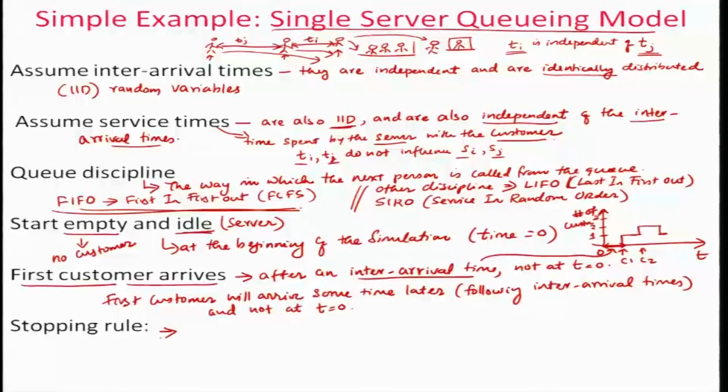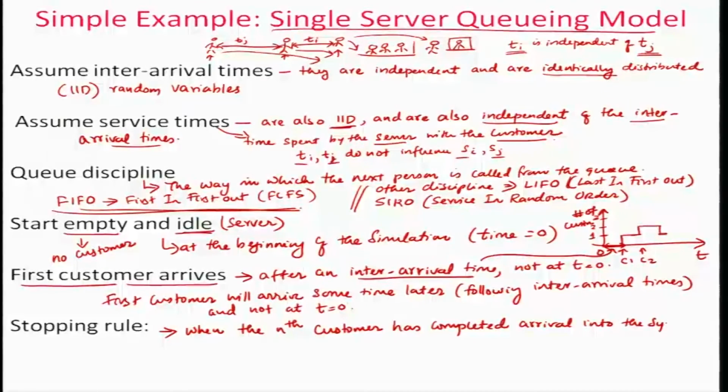Stopping rule. How do we stop the simulation? We started the simulation and it is running, so how do we stop? The stopping rule is when the nth customer has completed arrival into the system, then we stop.